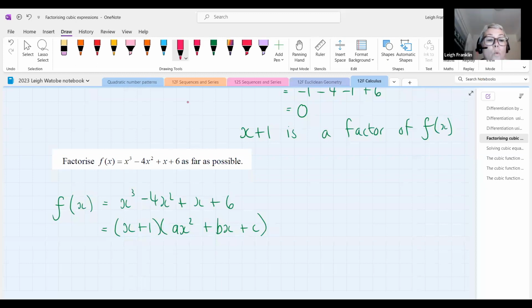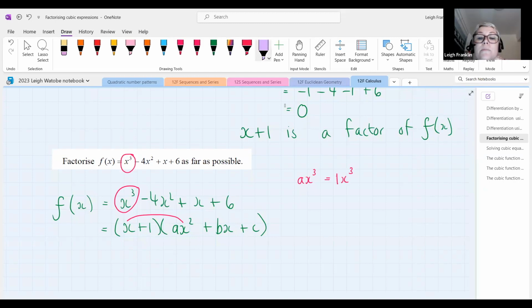When you are multiplying your binomial with a trinomial, when I multiply your x with the ax squared, that's how I get my ax cubed term. So I say x times ax squared is ax cubed. Then I look at my cubed term over here, and I can see that it's equal to 1x cubed.